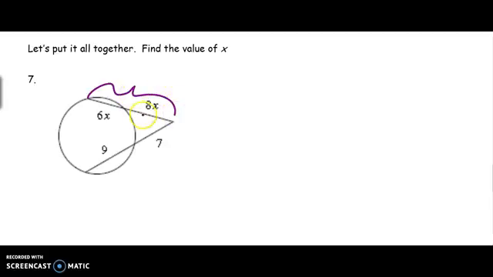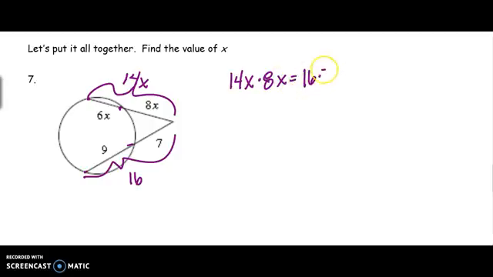So here we have secant, secant. Notice it touches the circle twice. Our whole on the top, they're like terms, 6x plus 8x is 14x, and our whole on the bottom is 16. So our equation would be 14x times 8x is equal to 16 times 7.